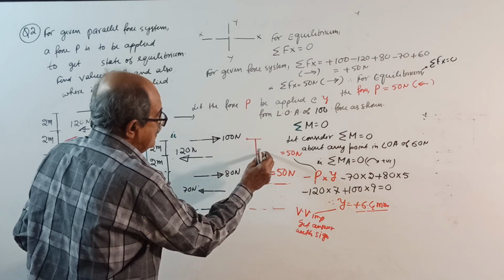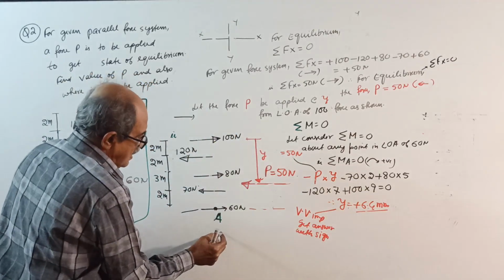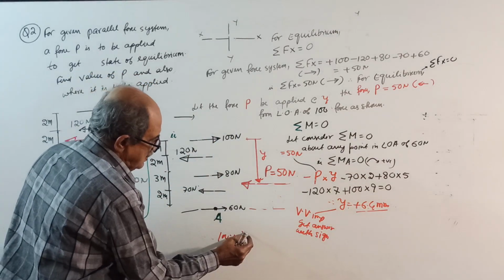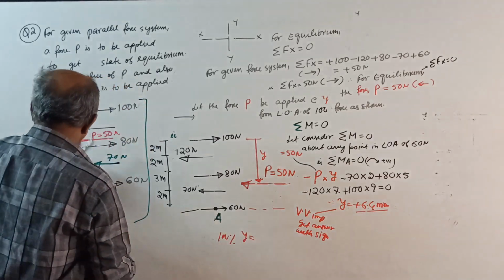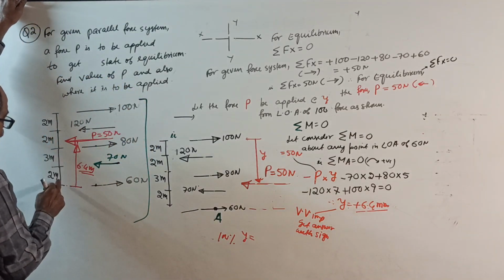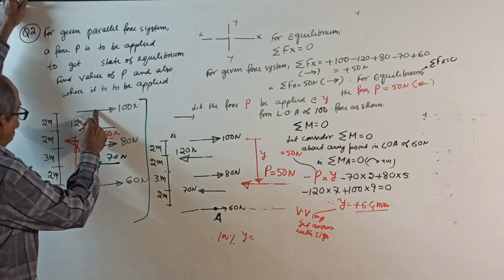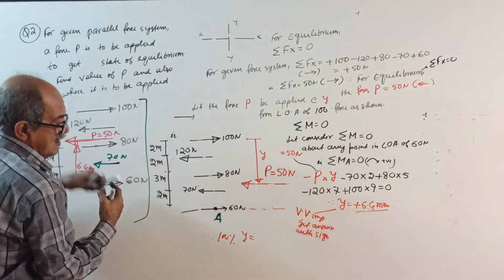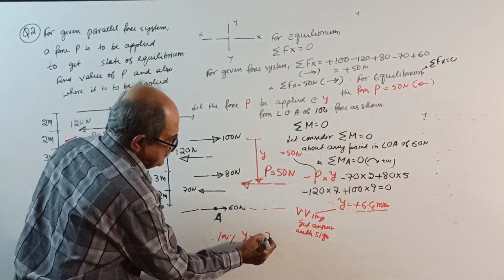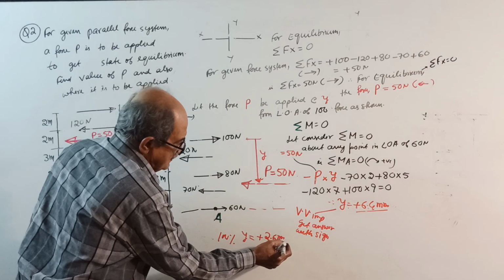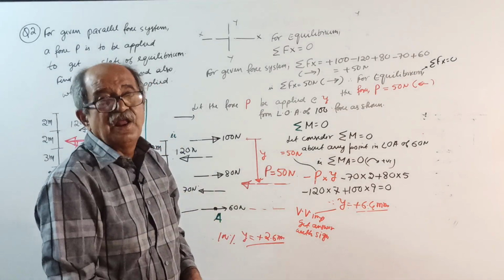My guarantee, 100% your Y will come, because if this is 6.4, total 9, this will be 2.6 meter. My guarantee, Y will come plus 2.6 meter. Otherwise, we will close the class.